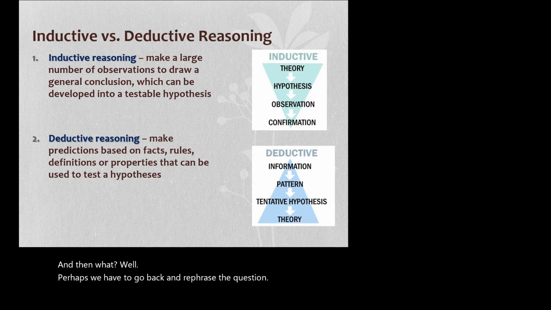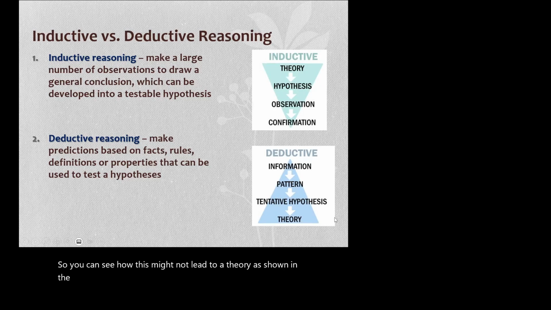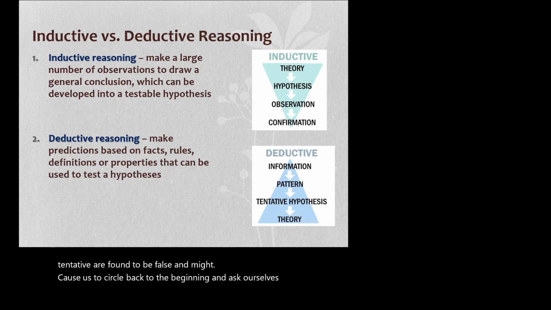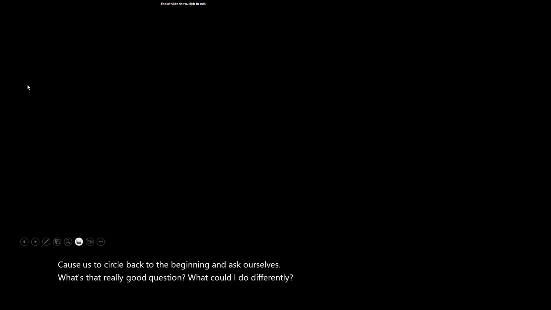So you can see how this might not lead to a theory, as shown in the diagram at the right. Sometimes these tentative hypotheses are found to be false and might cause us to circle back to the beginning and ask ourselves, was that really a good question? What could I do differently? Well, that concludes the Chapter 1 lessons.